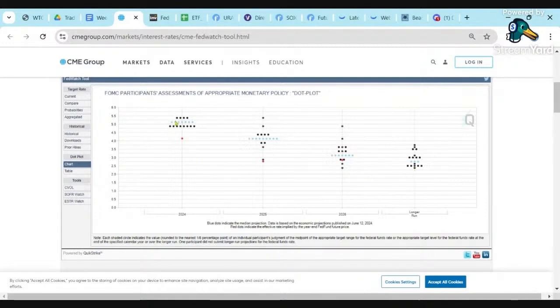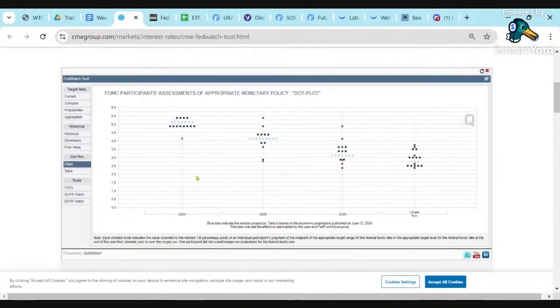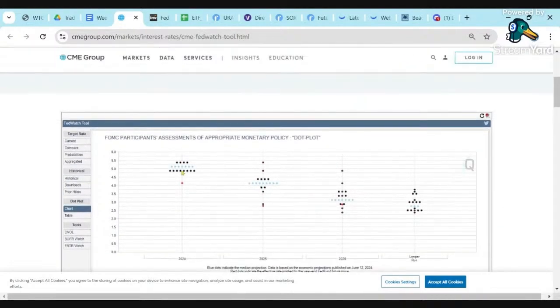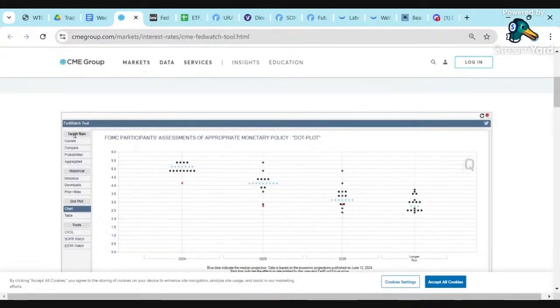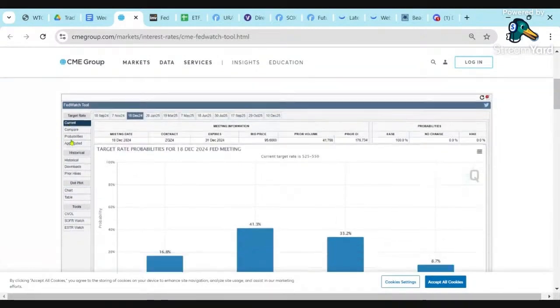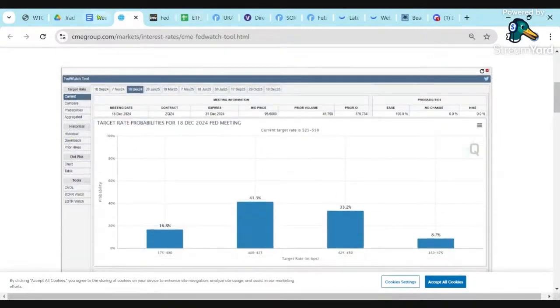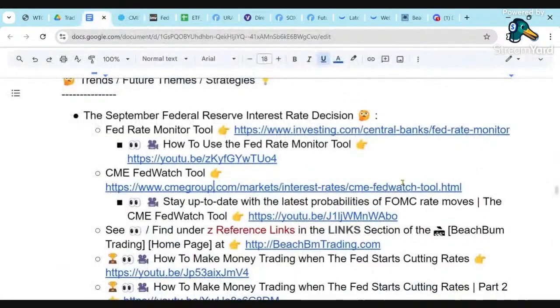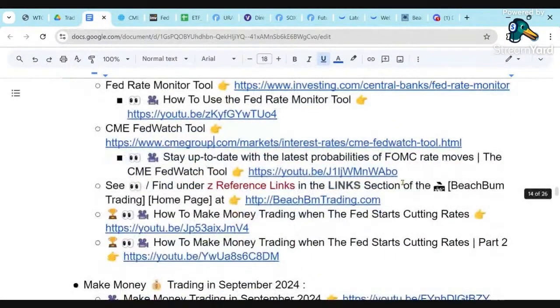Their 2024 mean projection was only 250 basis points, 225 basis point cuts. So the market's gotten quite a bit ahead of what the Fed's told us in the past, and again, a potential source of disappointment and volatility. So be prepared, protect your profits, trade accordingly. I hope that all helps.